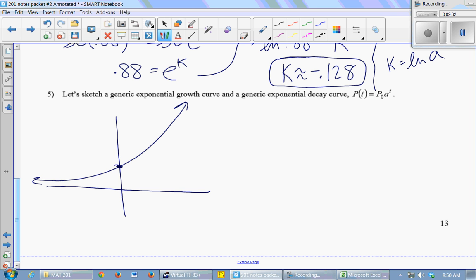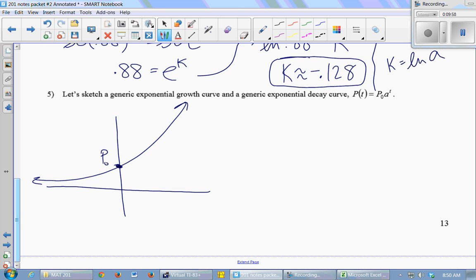What is it for p naught times a to the t? P naught. Because this is the y-intercept. That's the y value you get when you plug in 0 for t. If you put a 0 for t in here, a to the 0 is 1, and you just get p naught. So that is p naught right there.